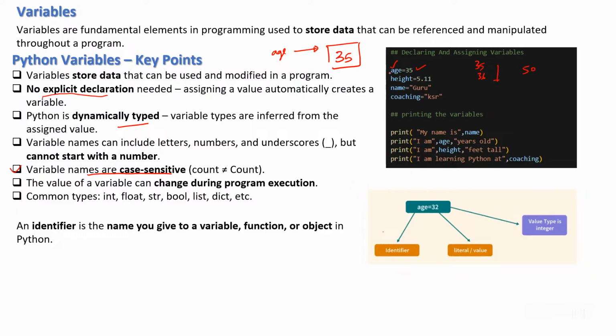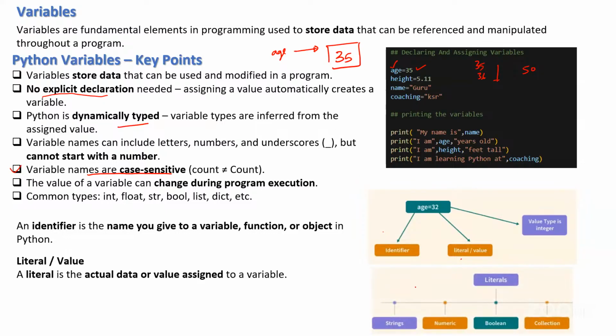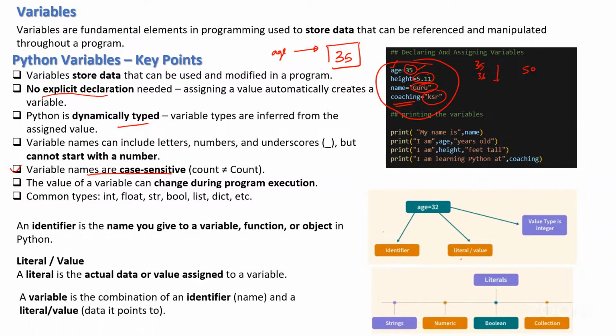It will keep on changing. But what identifies the values stays constant; that is the identifier. Literals are the values you assign to that identifier: string, numerical, boolean, collections, different data types. The combination of the whole together is called a variable.